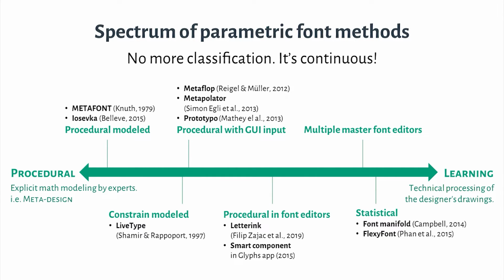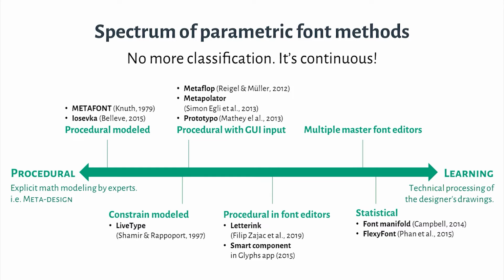To the right side are statistical learning-based methods. Such methods generate novel styles from given samples. These methods are often proposed by the academia in recent years and do not require much design expertise to construct the dataset. Most methods we listed here are designed for the Latin script.